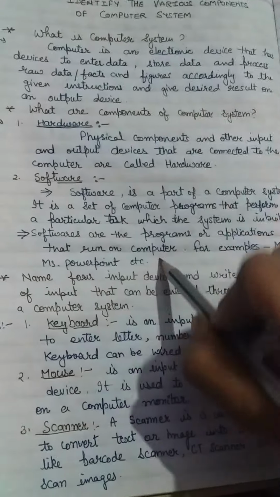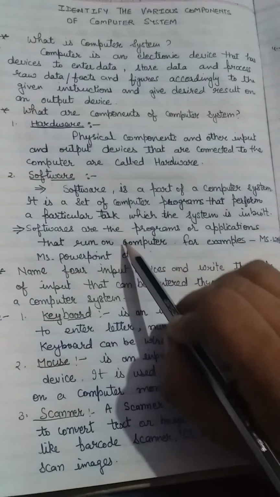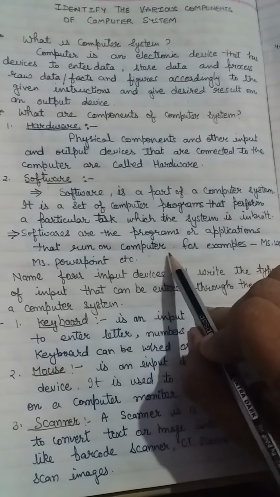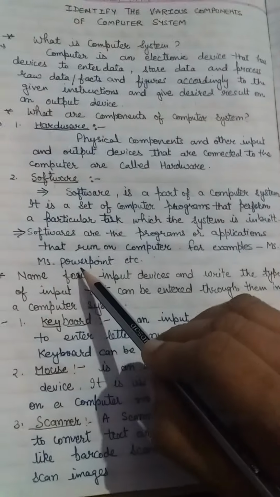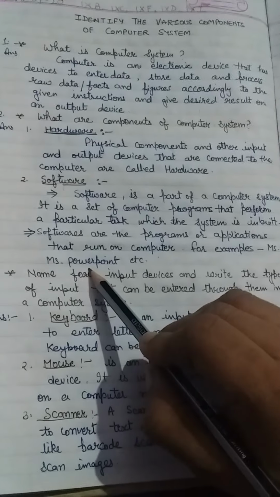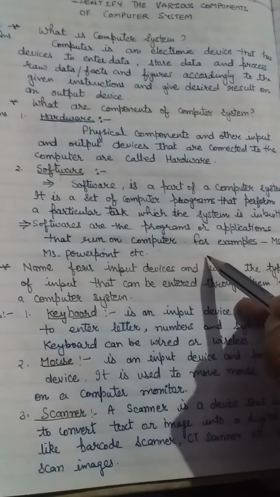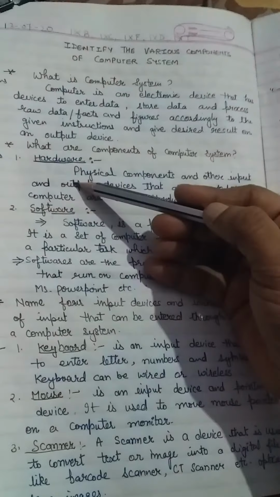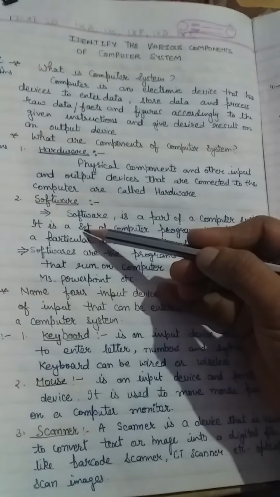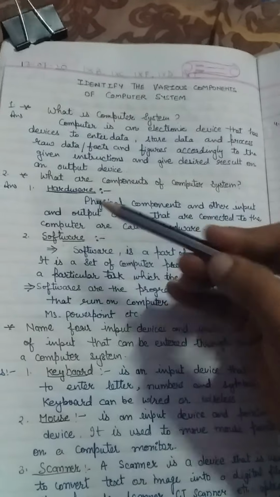Means, to run your computer we need software. Different types of software are like Word and PowerPoint. We will discuss the different types of software. These are very simple points: what is hardware and what is software, the main components of a computer system.